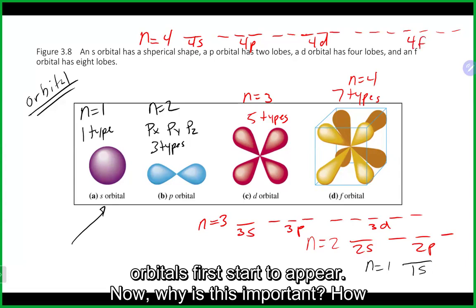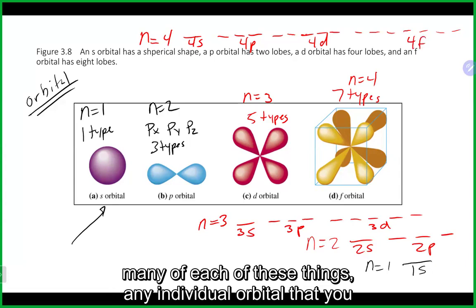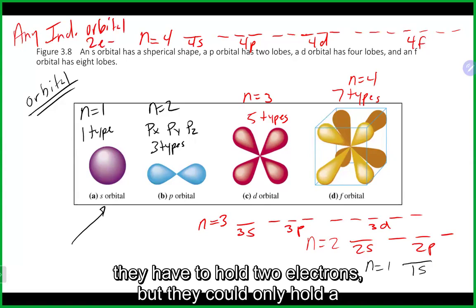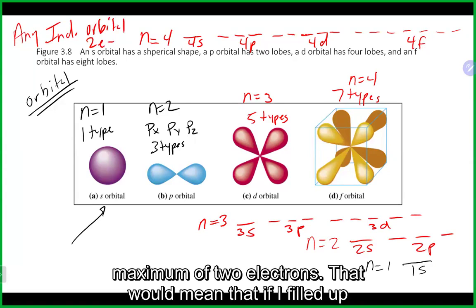Now, why is this important? How many of each of these things? Any individual orbital that you have can only hold 2 electrons maximum. Doesn't mean they have to hold 2 electrons, but they can only hold a maximum of 2 electrons.